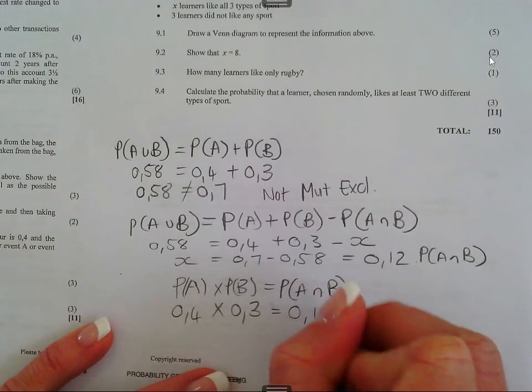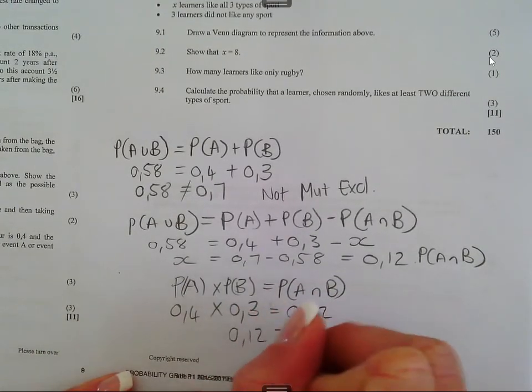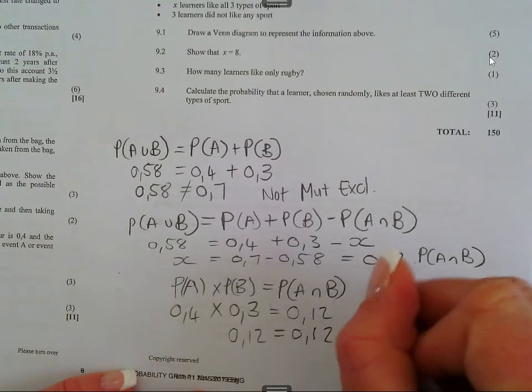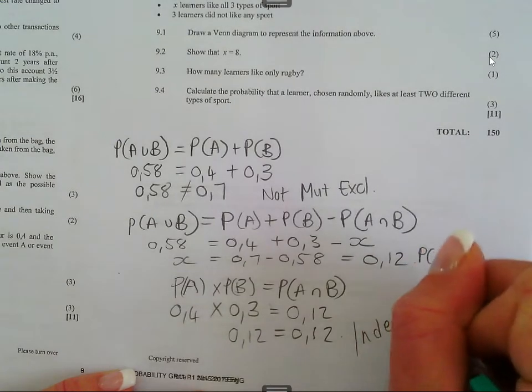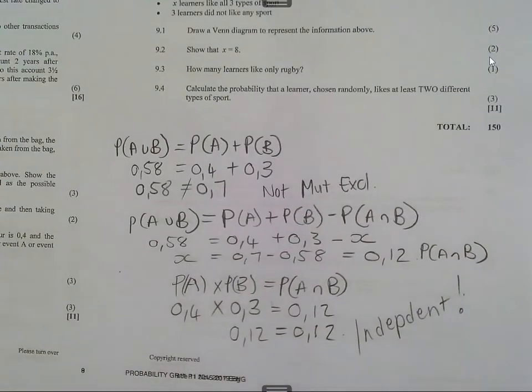Okay, and what is 0,4 times 0,3? So what are these? Independent.